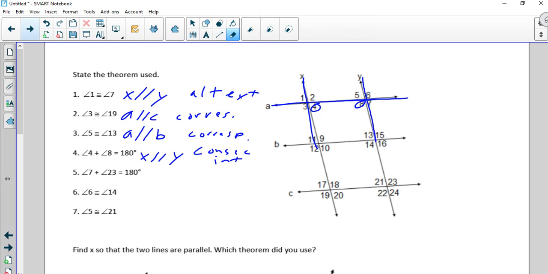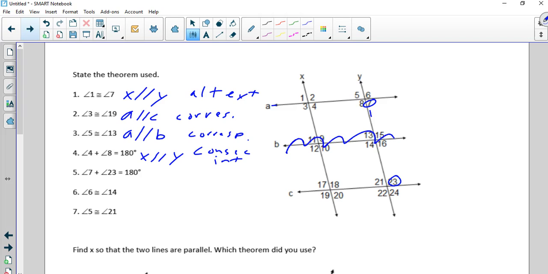7 and 23. Here's 7, here's 23. Well, if you forget about this being here, skip over that, 7 and 23 are on the same side of this transversal, and they're inside these two lines.